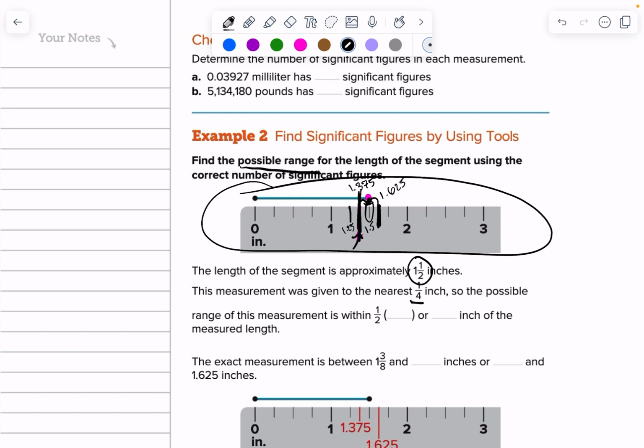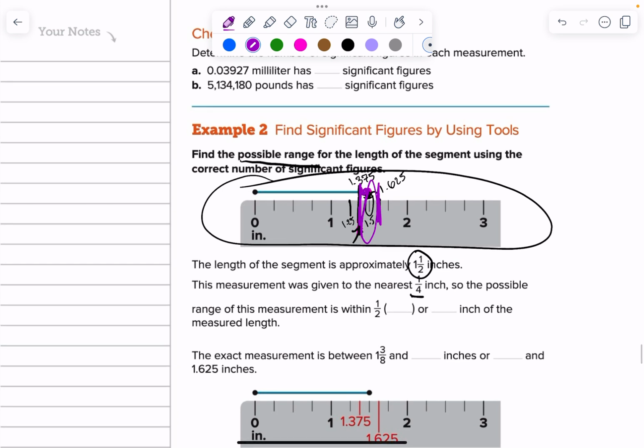So if that dot would have fallen anywhere up to the 1.375 mark, or below the 1.625 mark, I'm going to label it as 1.5. So the exact measurement is between 1 3/8, which is 1.375, and 1 5/8, or 1.625. Hopefully that made sense.